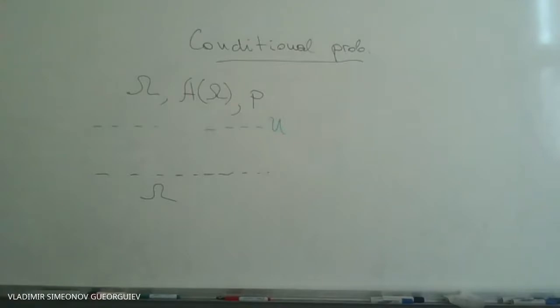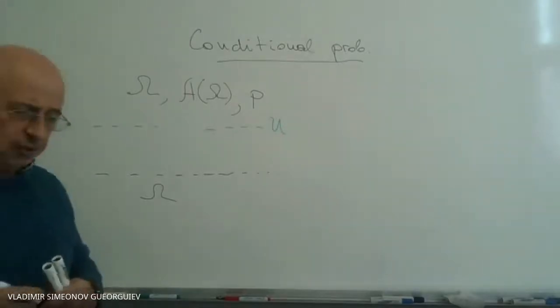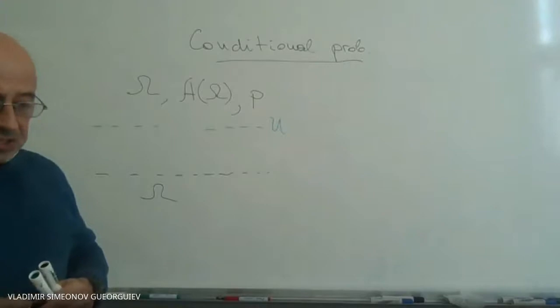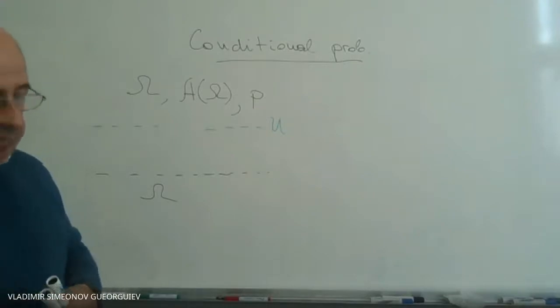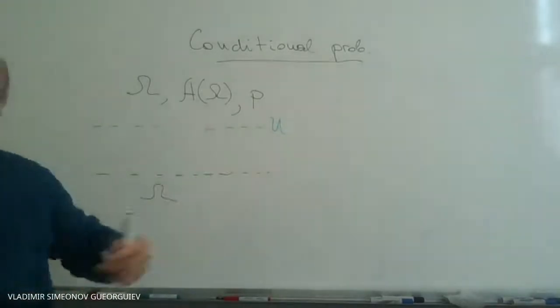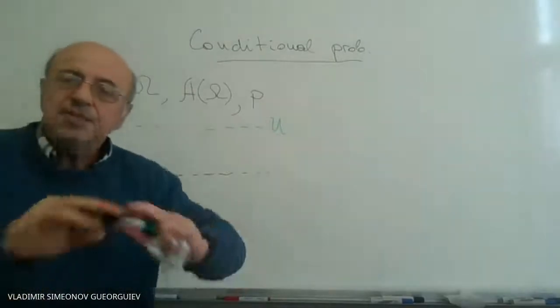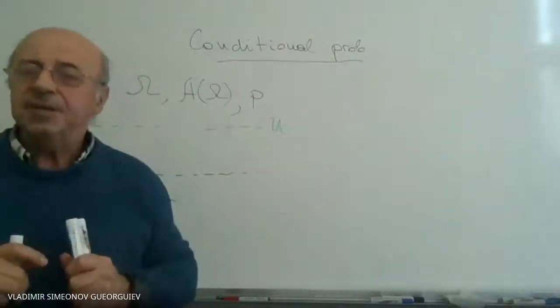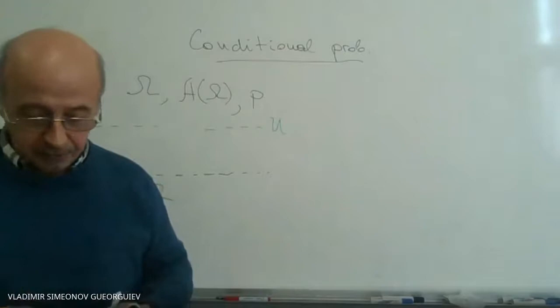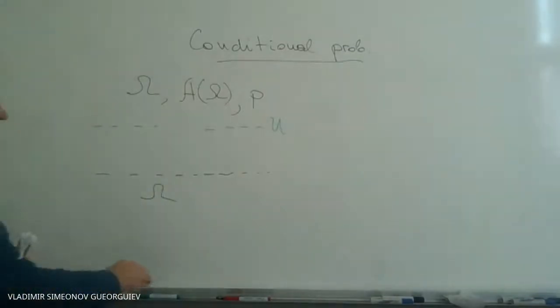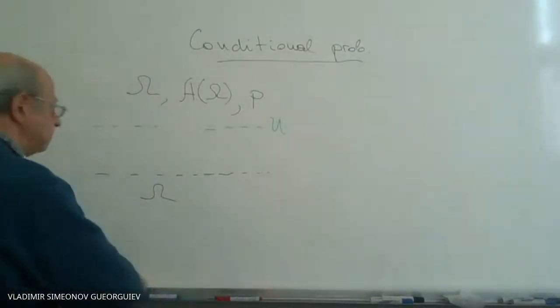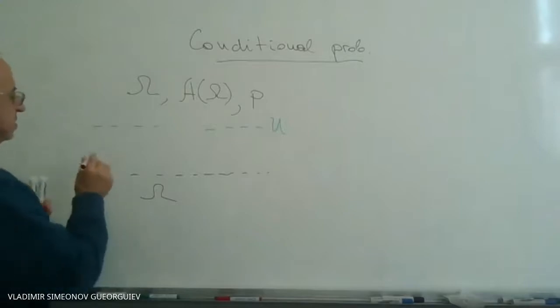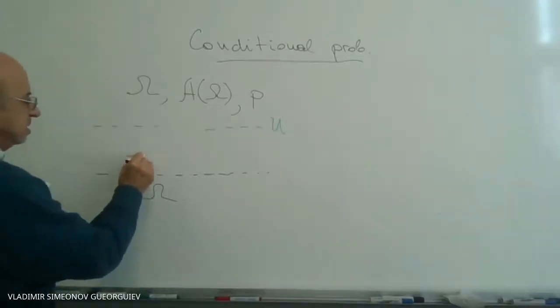Somehow we are interested in the following phenomenon: to see the probability of this event under the condition that some other event happened. Therefore, we have another event. Let us take this event here.